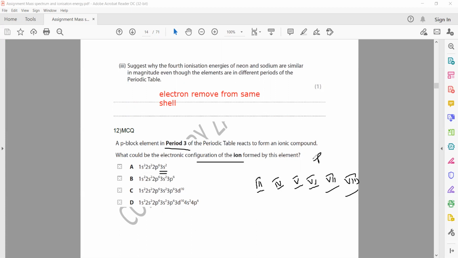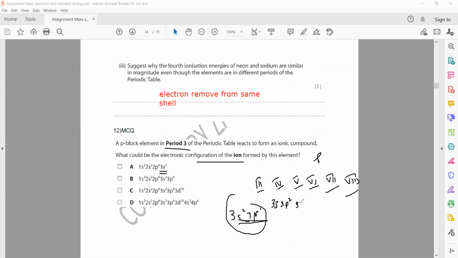If it was a group 3 metal, then it should lose all of the valence electrons, all 3 electrons, so it should not have any electron in the third shell, because it is a metal. And if it's a non-metal, it will gain electrons to complete the octet. So for group 4, it will be 3s2 3p2.